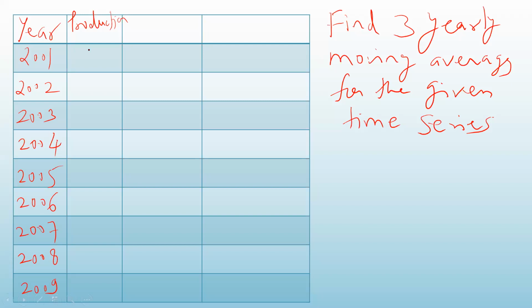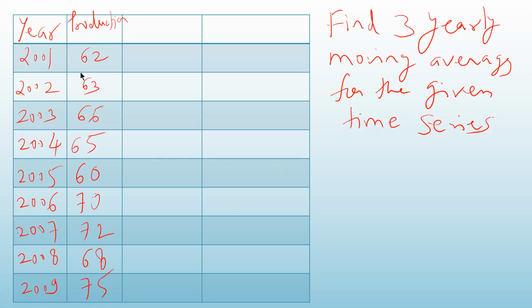And the figures are given as the values of the production: 62, 63, 66, 65, 68, 70, 73, maybe 71. So these are the values for your production.